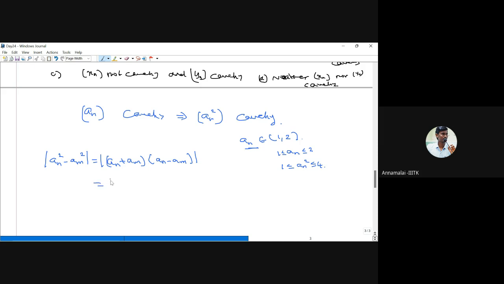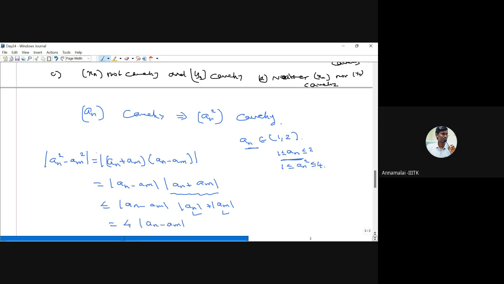By the properties of modulus, we can apply the triangle inequality to this. We get less than or equal to modulus of an minus am times modulus of an plus modulus of am. All the an are positive, and an is bounded by 2, so 2 plus 2 is 4. Therefore we get 4 times modulus of an minus am.